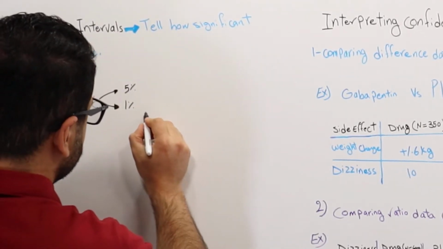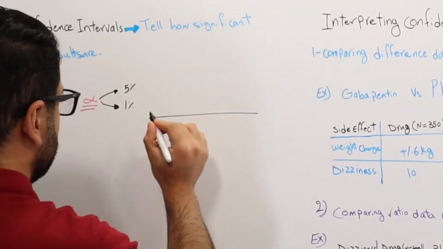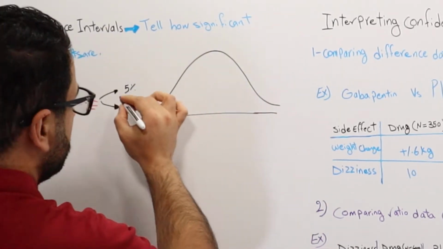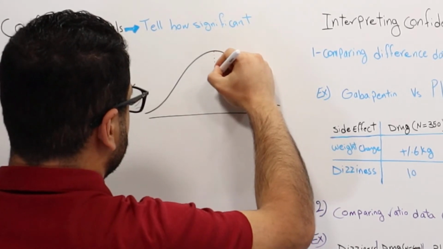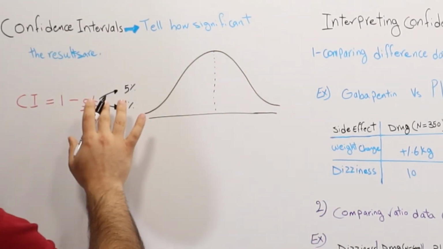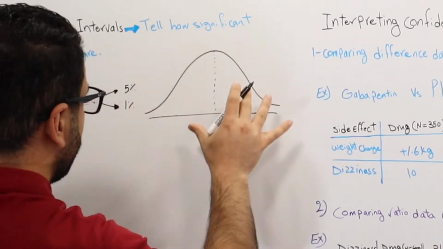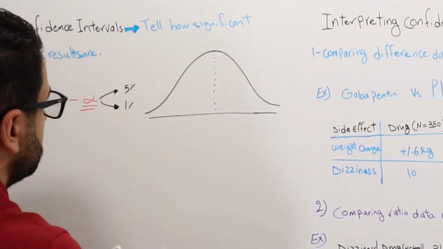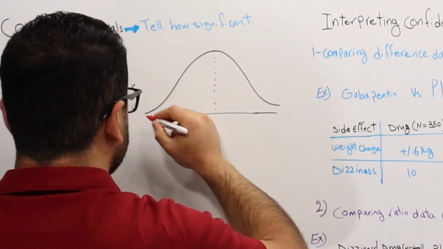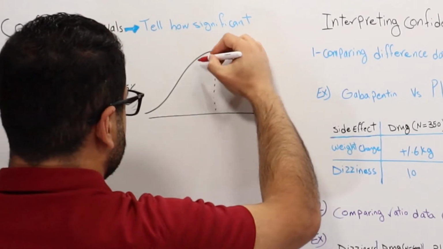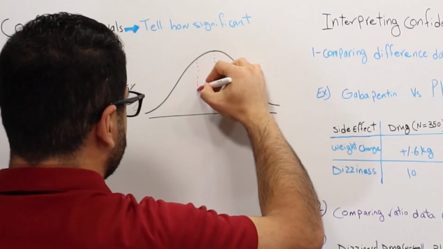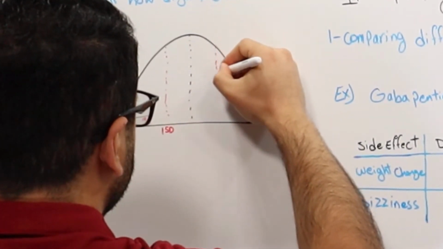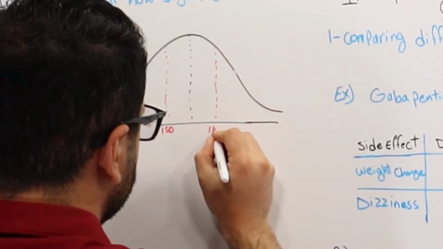So let's look into this. Going back to the previous lecture, we said that when we have a normal distribution curve, the 5% is basically the tails. So we have here a normal distribution, this is one standard deviation, and over here is another one standard deviation.